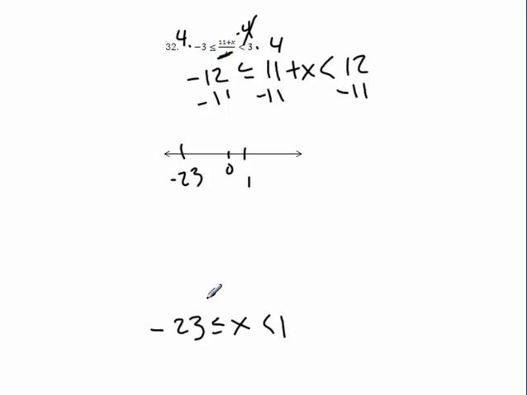I'm looking now. This guy right here tells me that I have a closed circle at -23. And this symbol tells me that I have an open circle at 1, and I am shading in between. Notice that x is in between, literally in between -23 and 1.